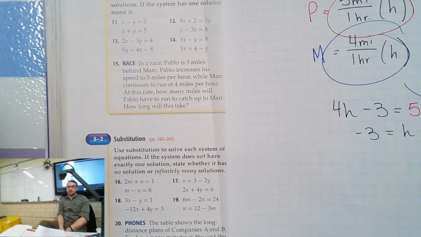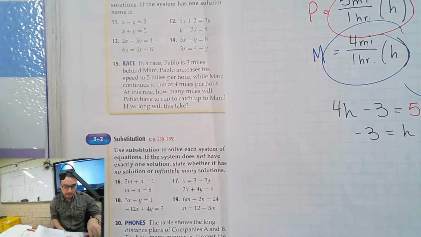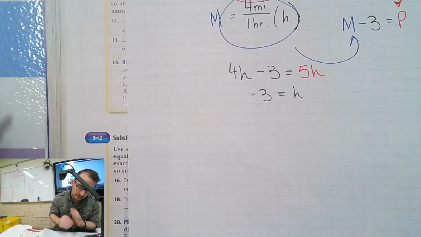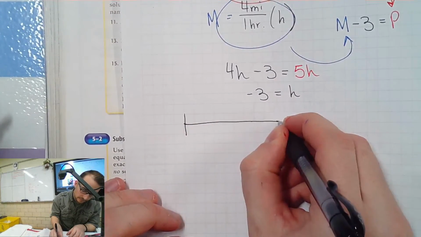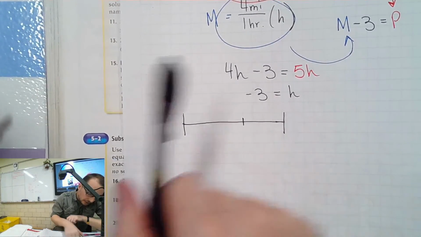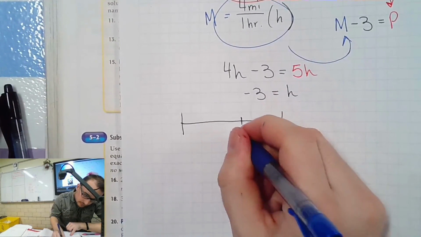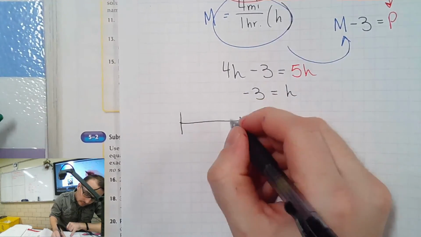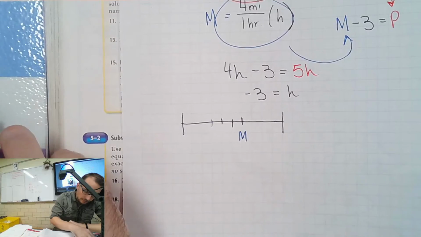Then why do we get negative 3 and not negative 4 or negative 5? What's the significance? Because you tricked us somewhere. Let's think about it. Here's the race. Here's Mark. There's Pablo.